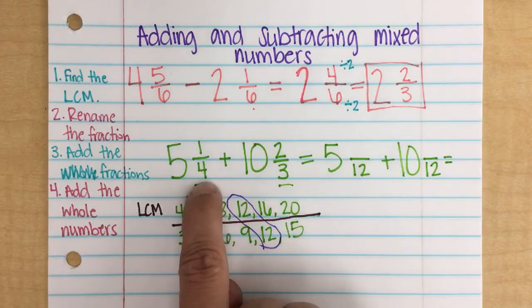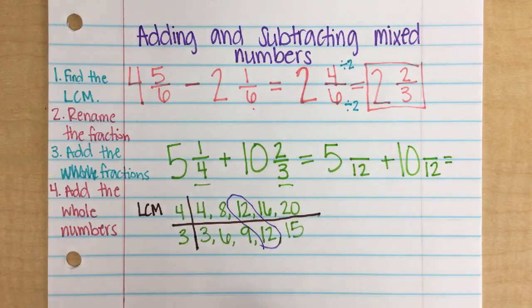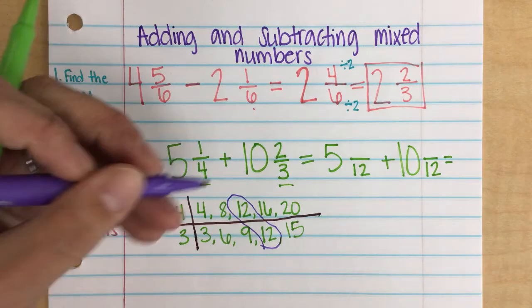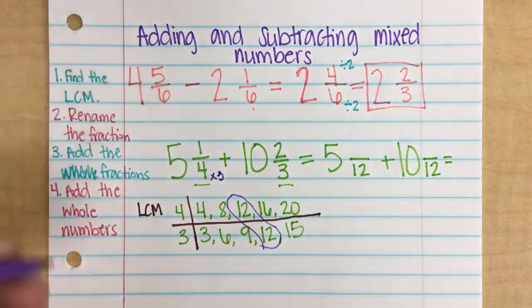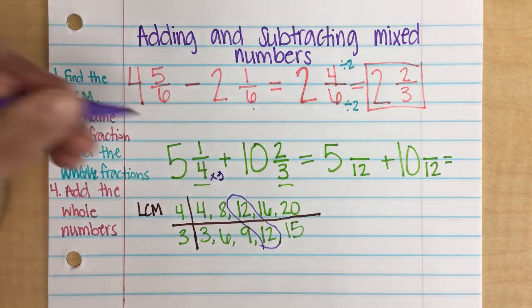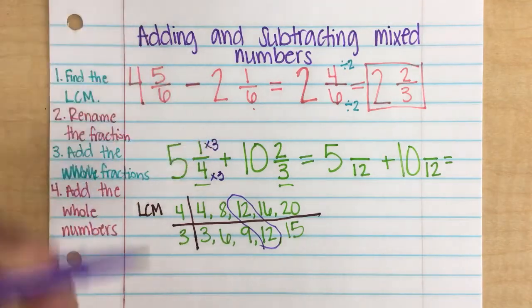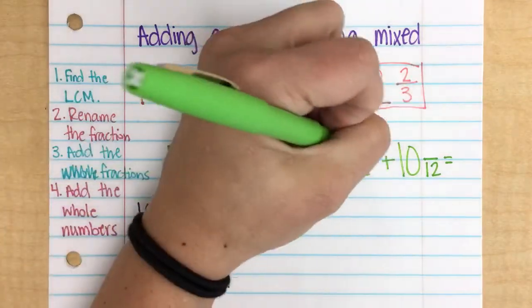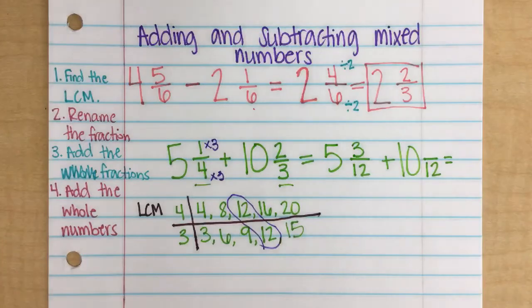So what do I need to do to that 4 to change it to 12ths? 4 times what equals 12? Well, I know 4 times 3 equals 12. So whatever I do to the bottom, I have to make it fair and do it to the top. So 1 times 3 is 3. So 1/4 is also equal to 3/12. It's an equivalent fraction for 3/12.